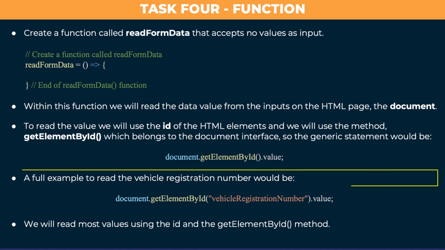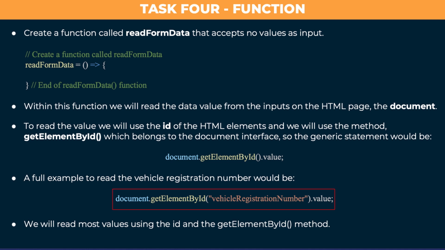So a full example to read the vehicle registration number that we have on our web page would be document dot get element by ID, and then inside the open and close round brackets, we give the ID that we have used for that particular control, and it's inside double quotes. So it's called vehicle registration number. And then we want to get the value, so it's dot value.